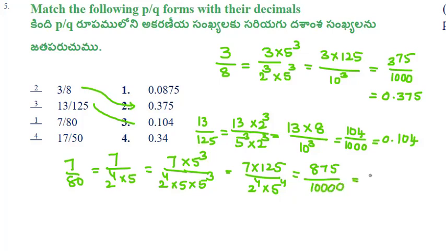That means 0.0875 is the answer. So we have to match this, and we can match this like this.